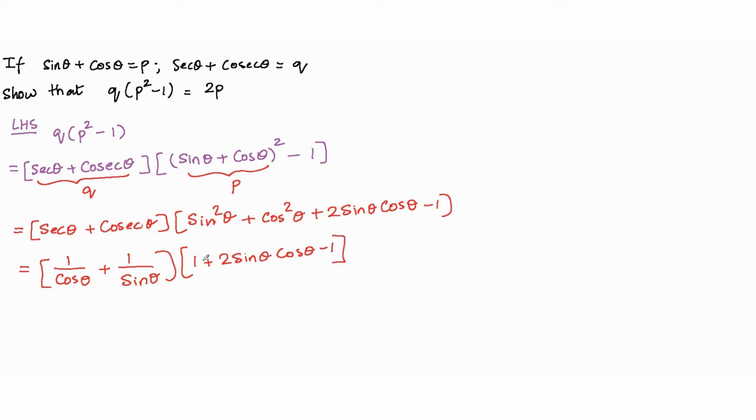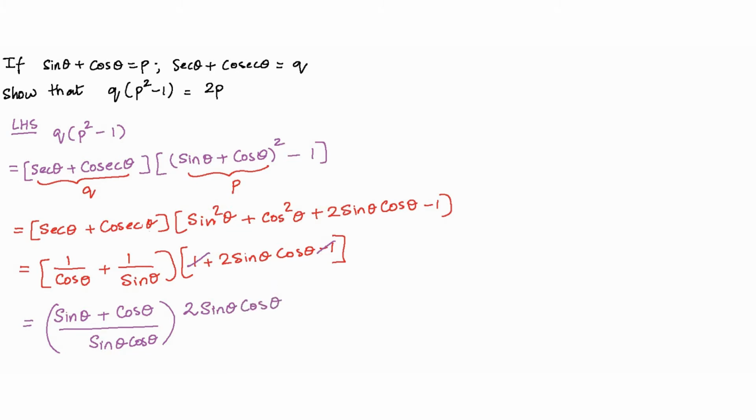And now what will happen is 1 minus 1 will cancel. So I am left with, if I take the LCM here, it will be sin theta plus cos theta, the whole divided by sin theta cos theta times, if you look at the numerator, it is 2 sin theta cos theta.